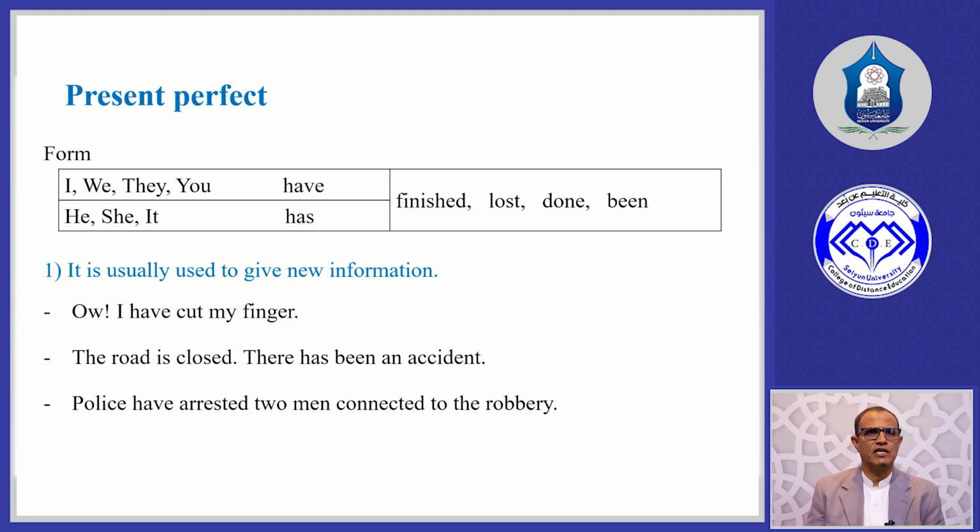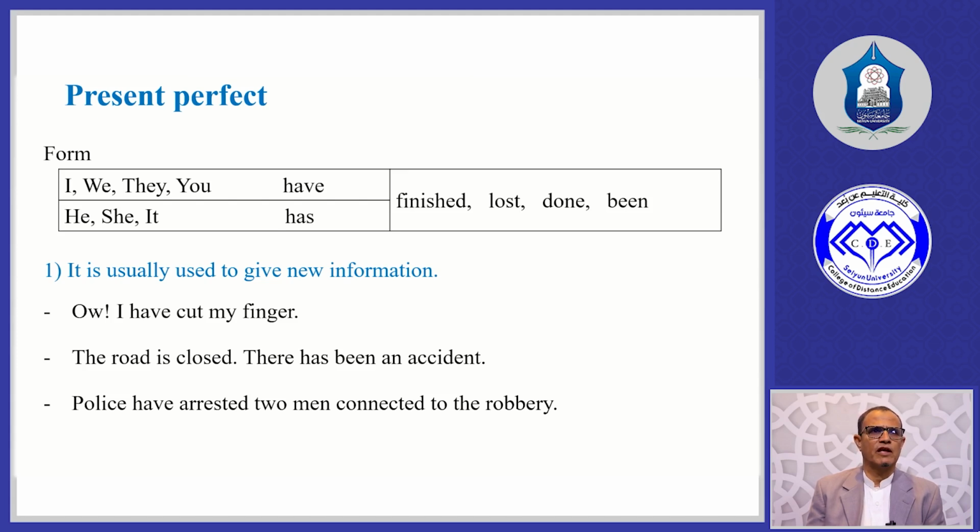When I say, I have cut my finger, I gave someone new information, but I didn't define a specific time for the action in this tense. In this sentence, I didn't say when I cut my finger. This is the present perfect tense because the structure here is have, and then the past participle cut.